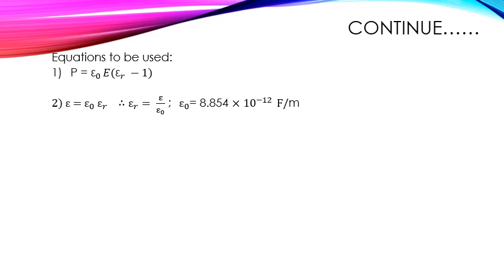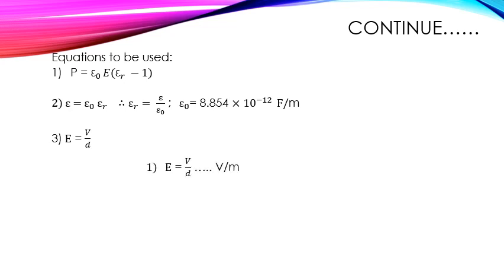The value of epsilon naught is 8.854 into 10 raised to minus 12 farads per meter, and relative permittivity can be found out by taking the ratio of epsilon and epsilon naught. Then the next equation is electric field strength equal to V by D. V is the voltage, D is the separation between two parallel plates.